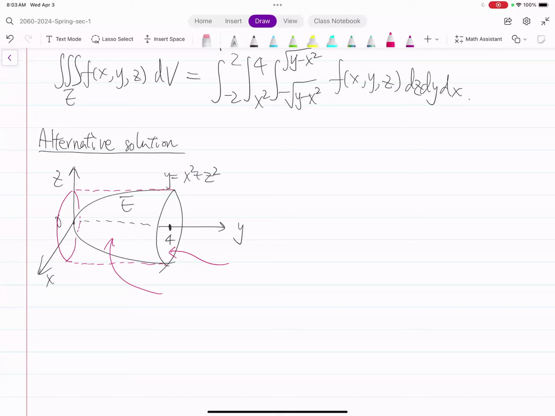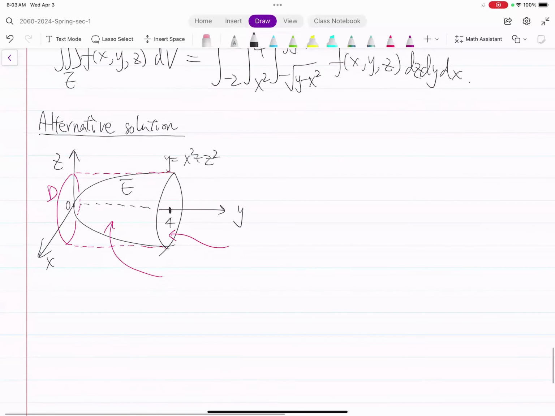That forms the projection onto the x-axis. And here, basically, you see that the shape of these is definitely the same as the shape of this cross section right here, right?